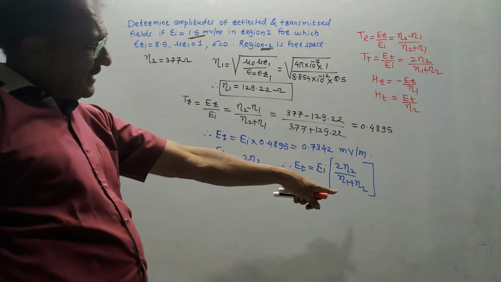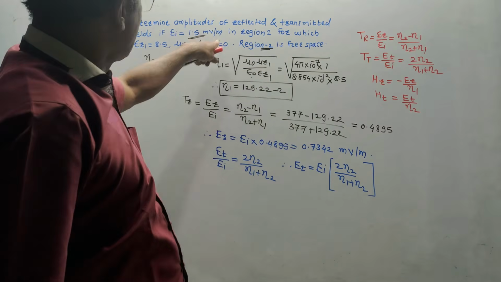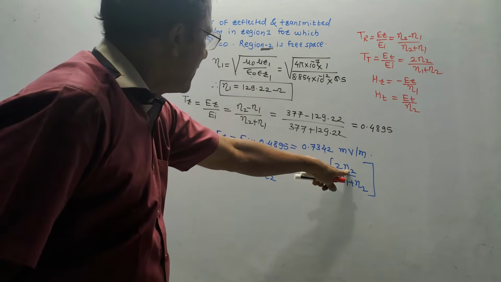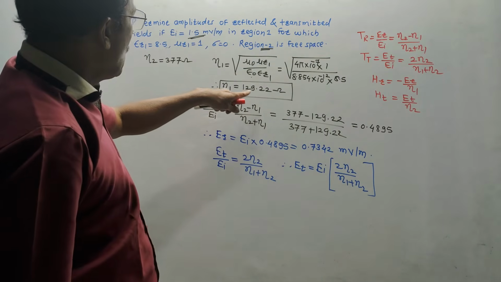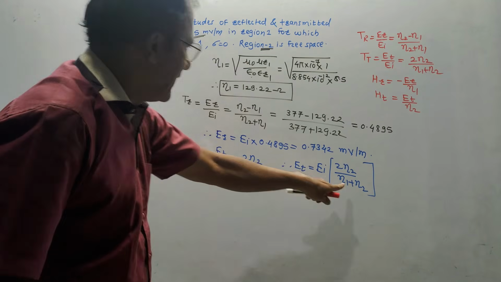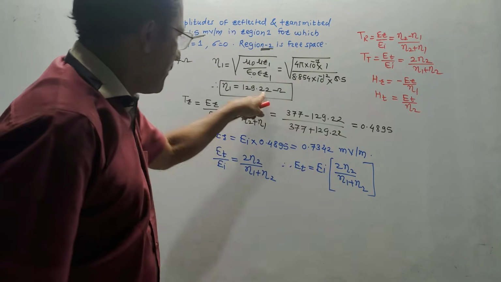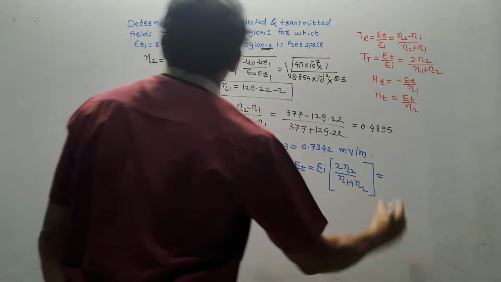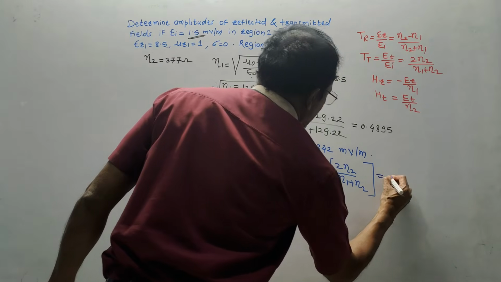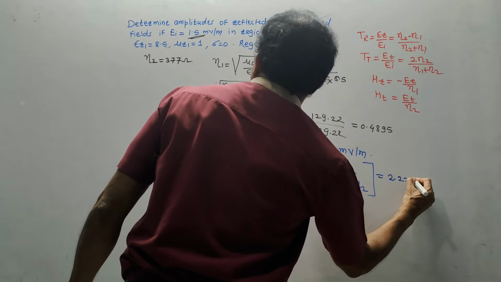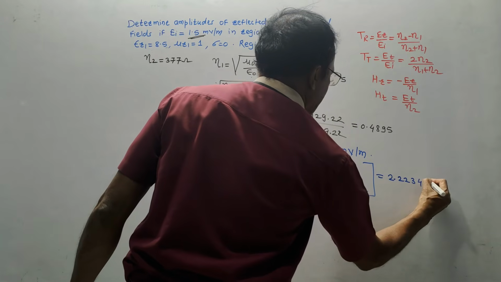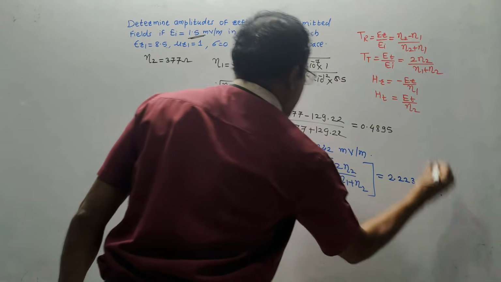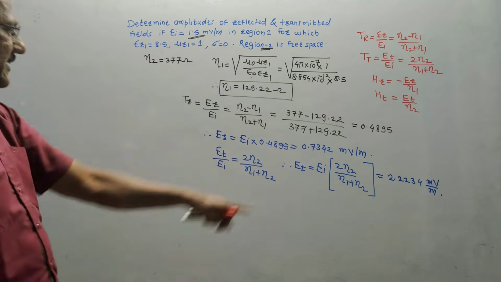Simply put the values like the previous case. EI is 1.5 millivolt per meter. Put the value of eta 2, which is 377. Eta 1 is 129.22. And simplify it on the calculator. This answer will be 2.2234 again millivolt per meter. This is the transmitted electric field.